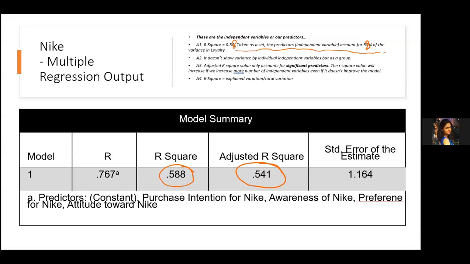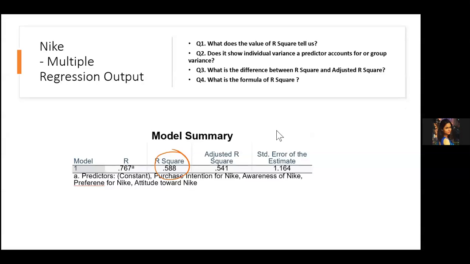You asked me whether this is individual or group. So does it show individual variance a predictor accounts for, or a group variance? This model summary. Does it show individual variance a predictor accounts for, or a group variance?